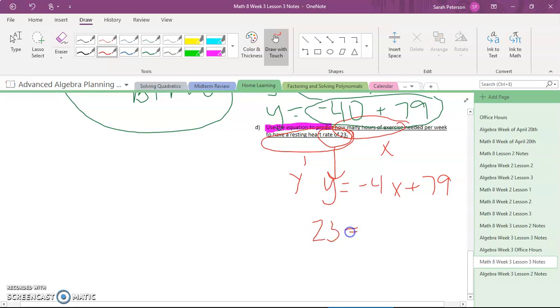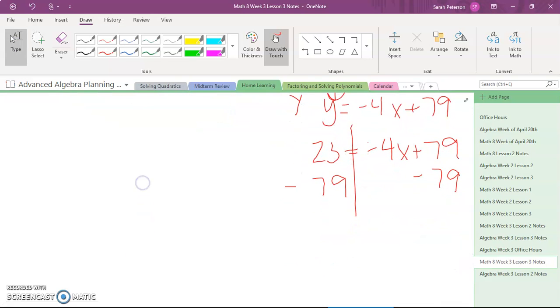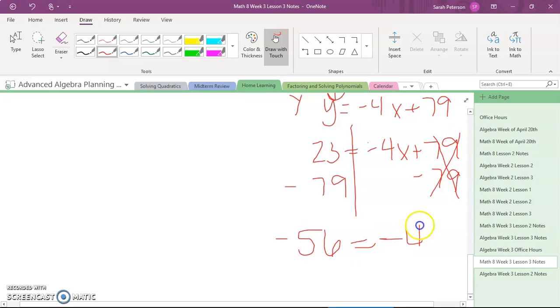When I do that, it's going to look like this. 23 equals negative 4x plus 79. And I've got to solve for x, so I've got to get this x by itself to figure out what it is. So I'm going to subtract 79 on both sides. So I'm going to do 23 minus 79, which is negative 56. And then I'm left on this side with negative 4x.